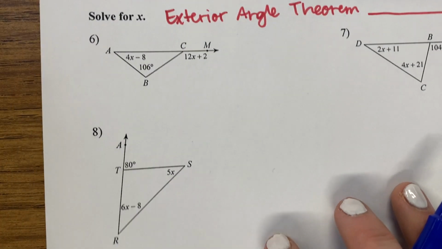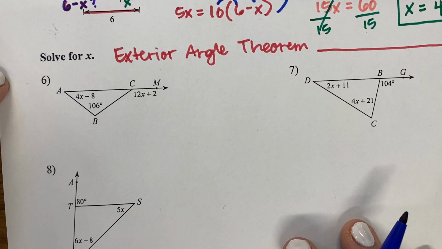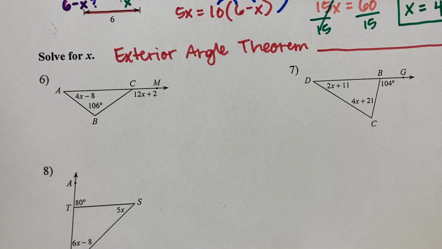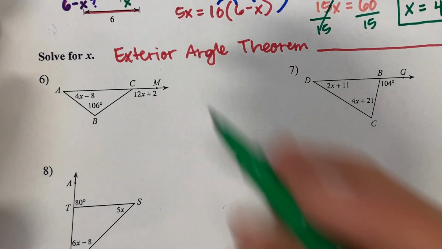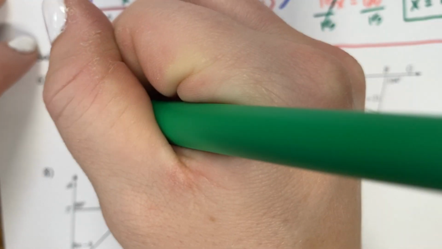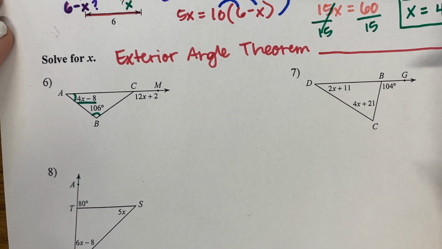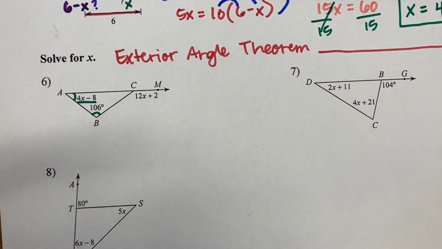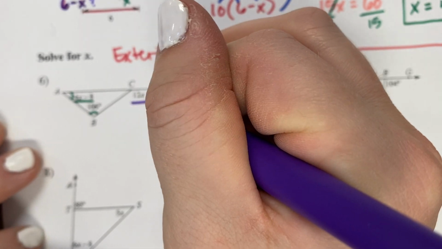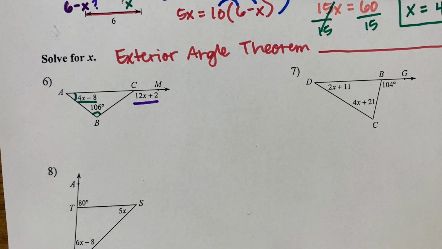So let's try it. On number 6, I have my 2 interior angles. This one, which is 4x minus 8, and this one, which is 106 degrees. Added together, they equal the exterior angle, which is labeled 12x plus 2.